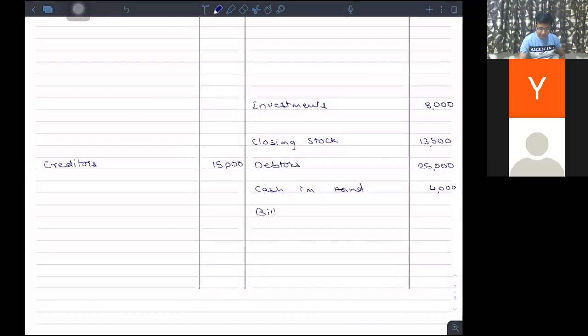Bills receivable, because bills receivable is a current asset, 2,000, and bills payable is a current liability, bills payable rupees 3,000. Am I right?